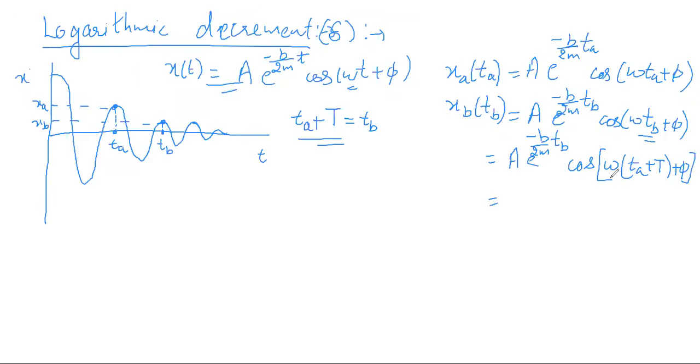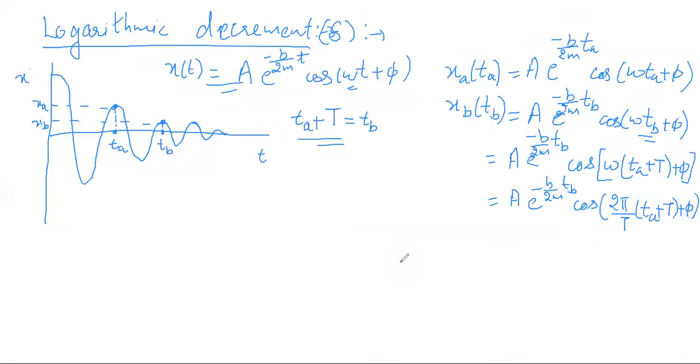Omega is equal to 2 pi by T, right? A e raised to power minus B upon 2m TB cosine of 2 pi by T multiplied by TA plus T plus phi.